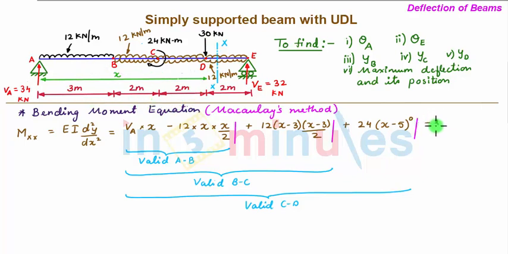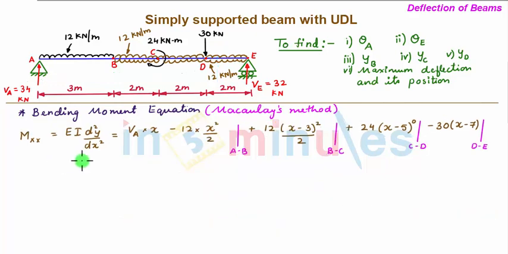So we have minus 30 into x minus 7 meter moment. Now since this equation is valid between point D and E, let's put it into our fourth and final partition, which is valid between point D and E. So the bending moment equation could be written as shown on the screen.